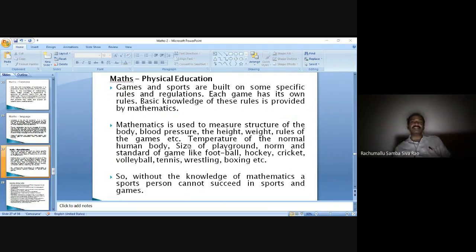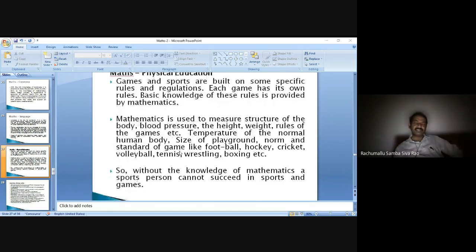Without knowledge of mathematics, we cannot succeed in physical education. We cannot understand the concept of physical education, and we cannot perform any game successfully. So this is the correlation between mathematics and physical education.